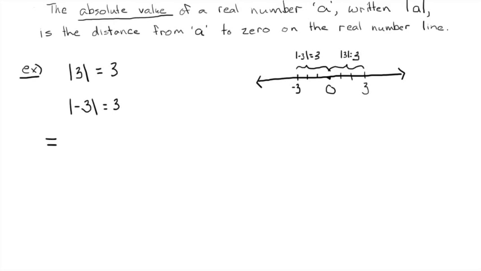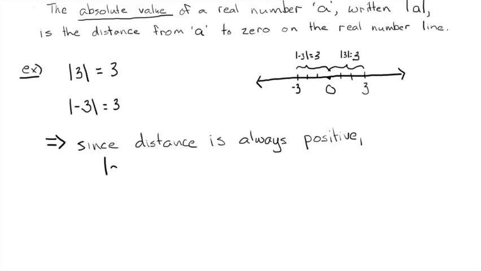So, as I just mentioned, since distance is always positive, that means that the absolute value of a is always going to be greater than or equal to 0 for all a values that are real numbers.